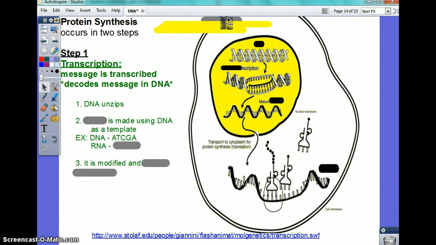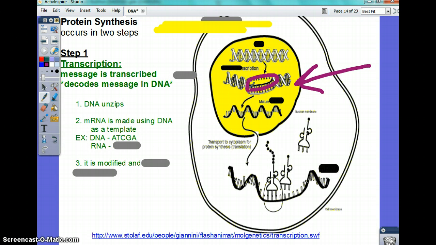It starts the same as replication. DNA unzips. When it unzips, it uses one side of the strand to make RNA. So here's DNA. You see it unzipping. And right here, you see what's being made?